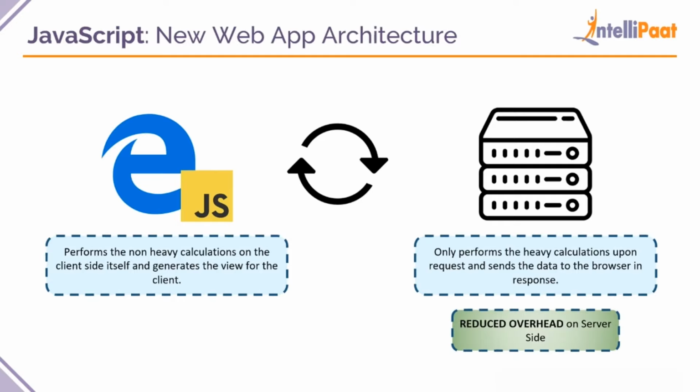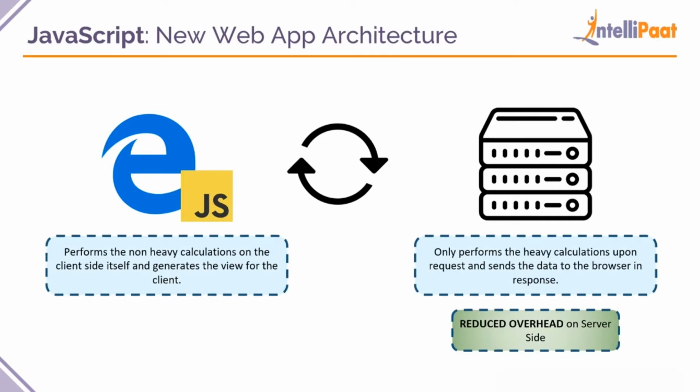The server is only performing the essential activities that it is supposed to perform. All the unnecessary load has been shifted to the client side. So the introduction of JavaScript gave rise to the new web app architecture, where the server side only performs the heavier calculations and sends the data to the browser in response upon request. As you can see here, we have also mentioned that there's a reduced overhead on the server side.